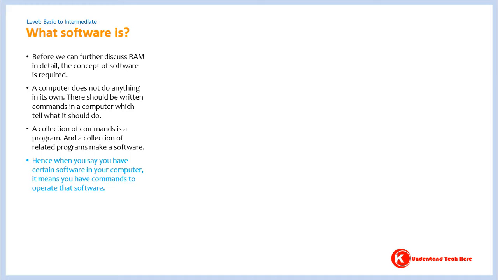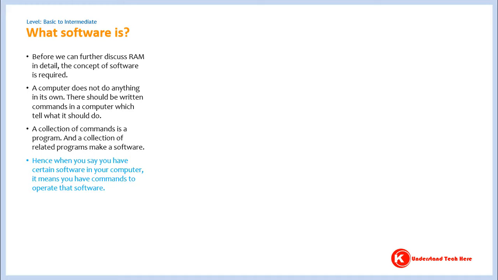There should be written commands in a computer. So whatever we see happening in a computer, those things are happening according to commands in the computer. Whatever we say the computer is doing, it is doing just by following those commands. And a collection of such commands is software.